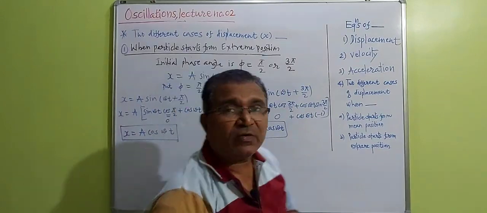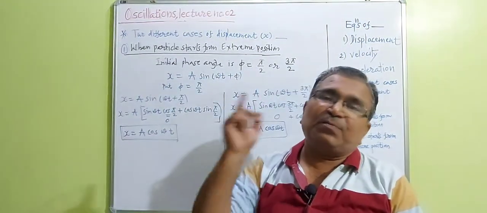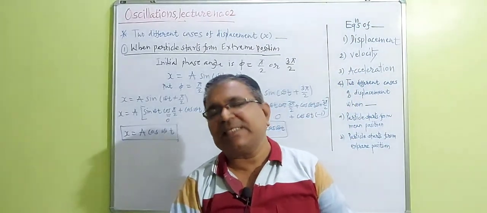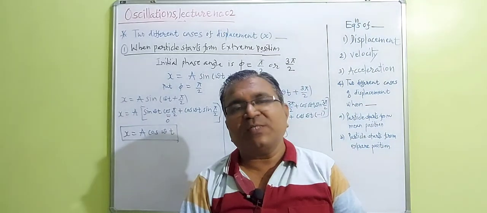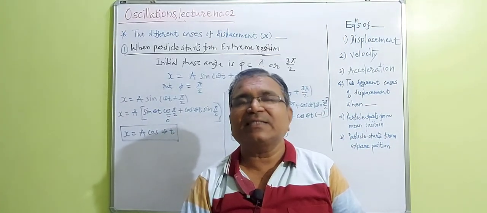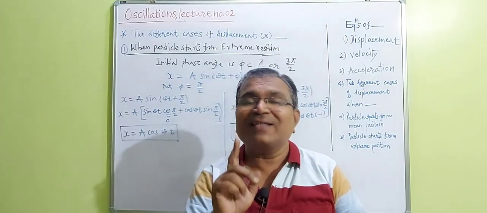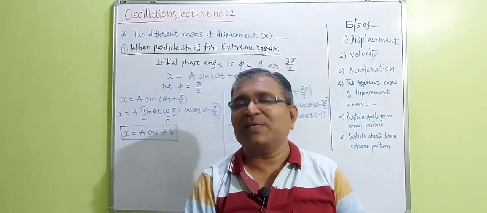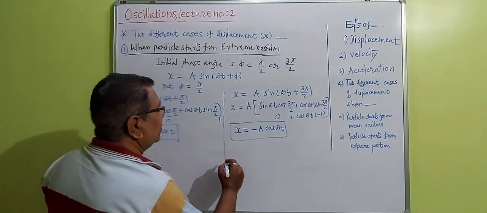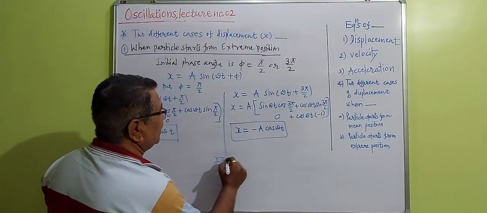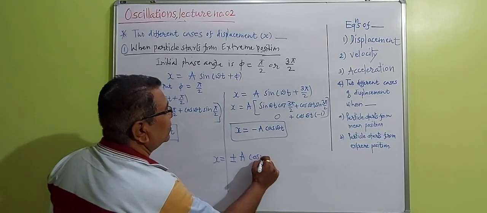So you will get x is equal to minus A cos of omega t. From these two equations, we conclude that when the particle starts from extreme position, the equation of displacement is either x is equal to capital A cos of omega t, or x is equal to minus A cos omega t, or by combining these two equations, x is equal to plus or minus A cos of omega t.